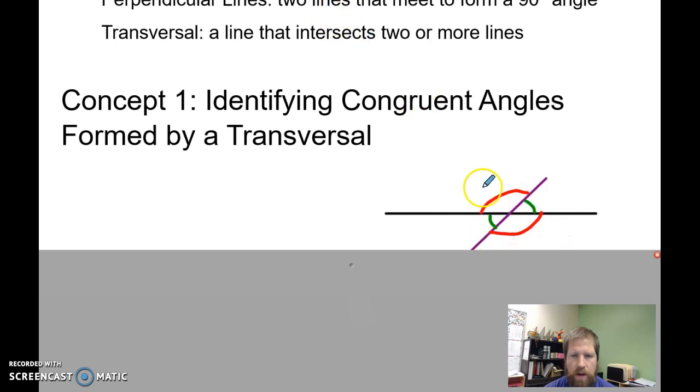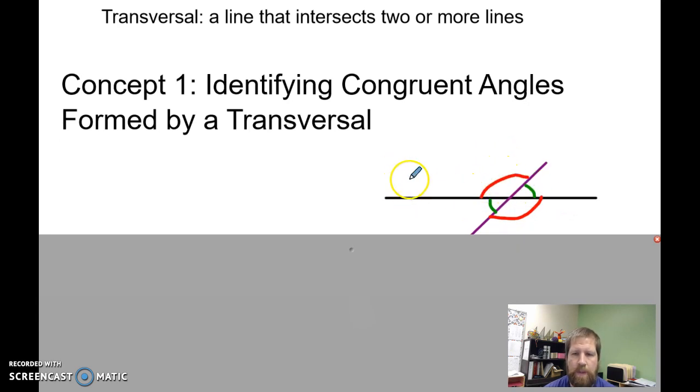Okay, that's useful, and the reason we know this goes back to supplementary. Okay, this is a straight line, and so if this angle and this angle add up to equal that straight line, it's going to be 180 degrees, and that means they're supplementary. And you can see that these two are supplementary.